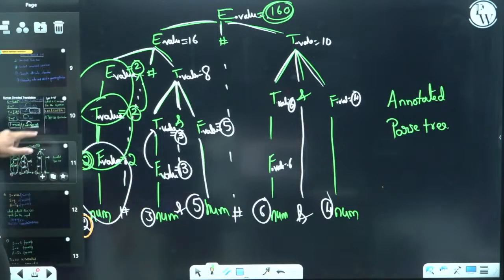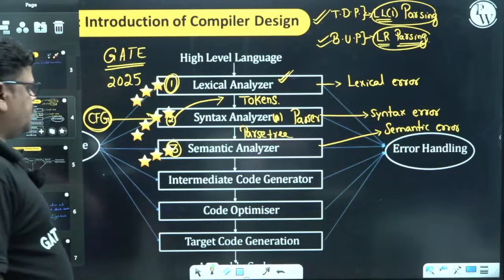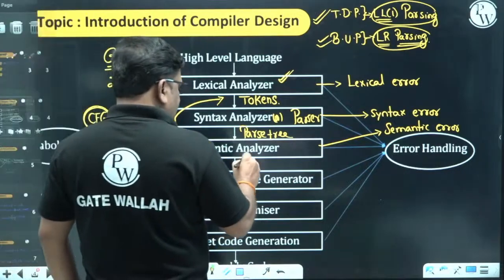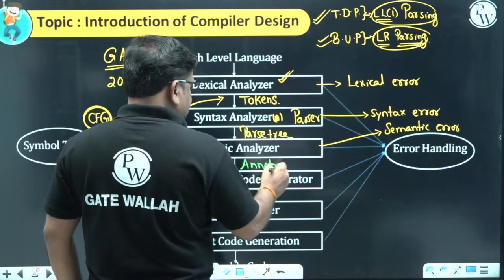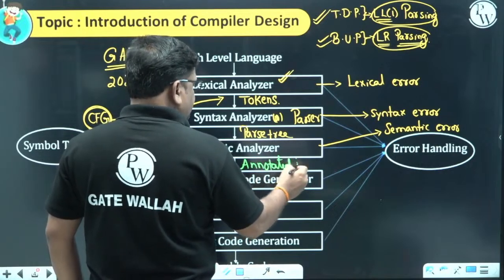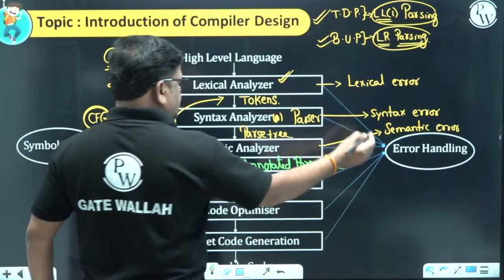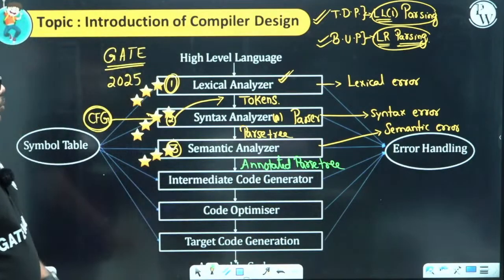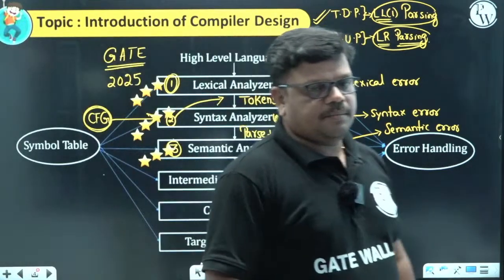If we observe semantic analysis, the input to the semantic analysis is the parse tree. The output is the annotated parse tree, which is a result of SDT.